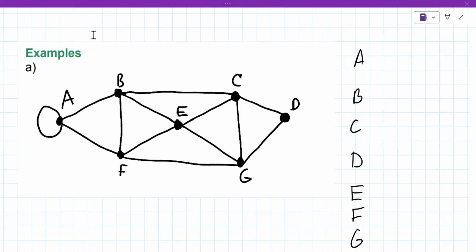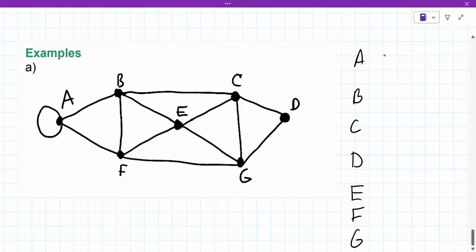But if it's not, you don't even try. It only has one odd vertex.